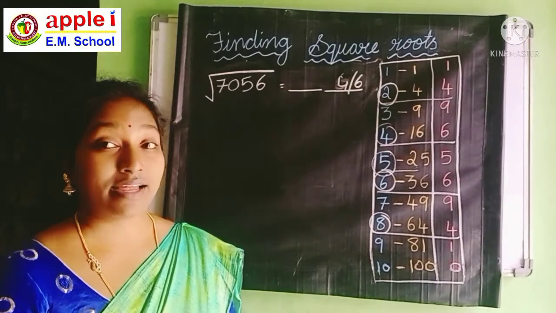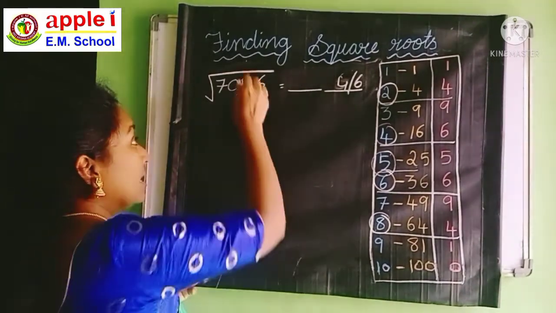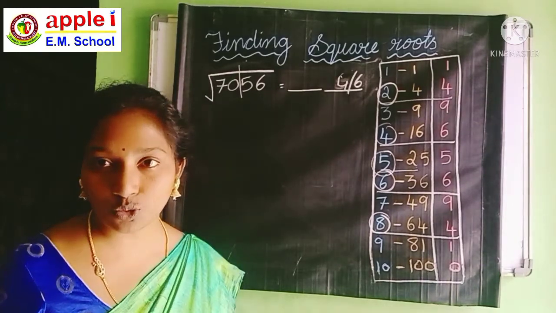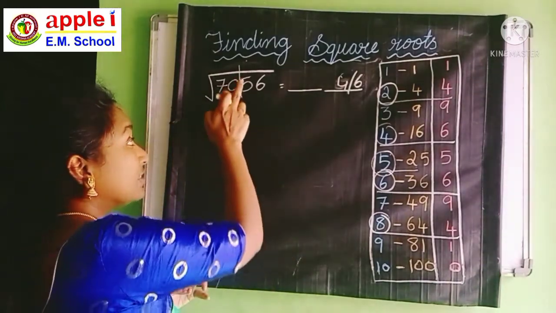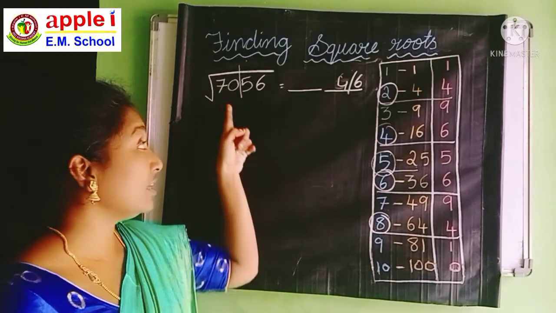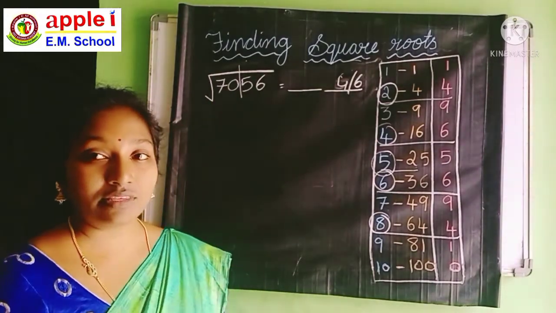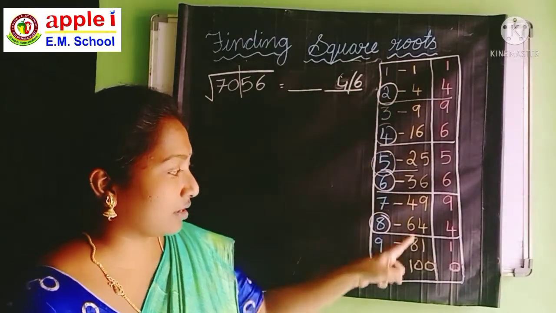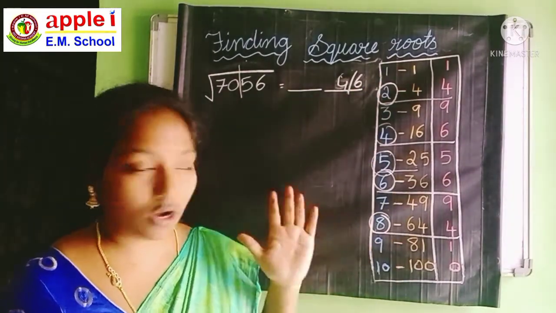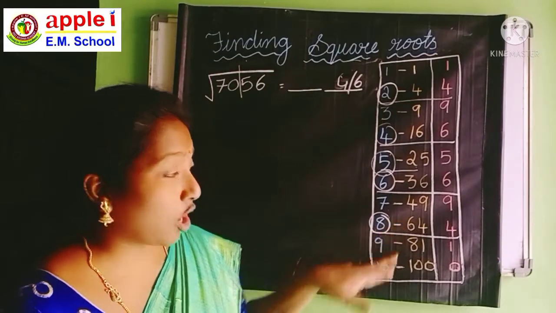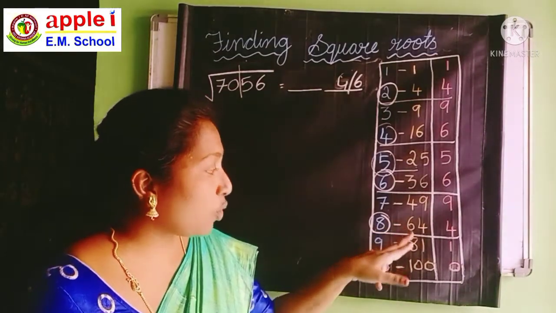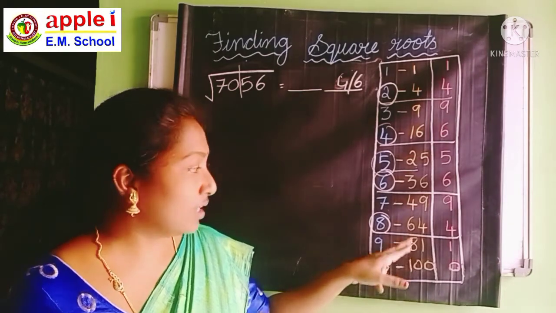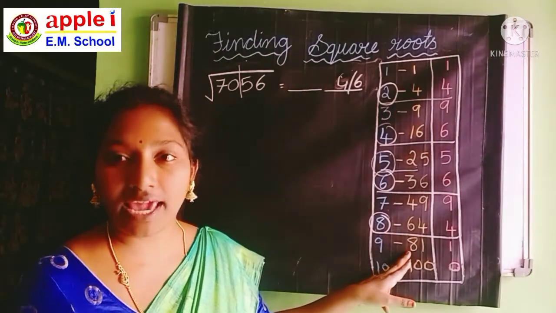Understood? And the next step, leave the last two digits. See the remaining digits. Here we are having 70. And here check where 70 will fall. 70 will fall between 64 and 81.